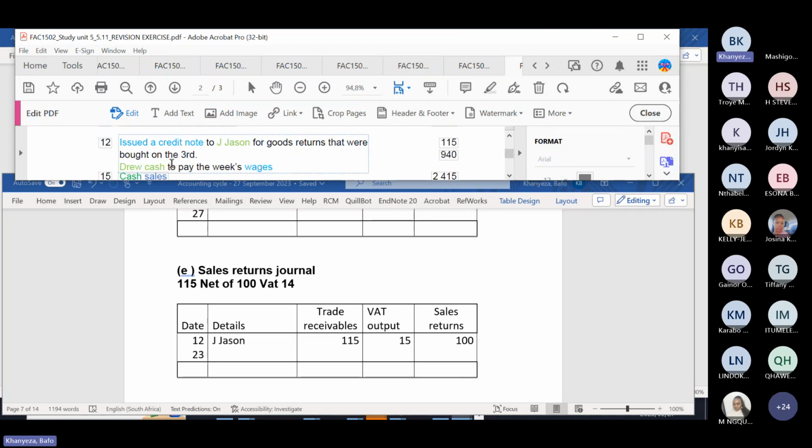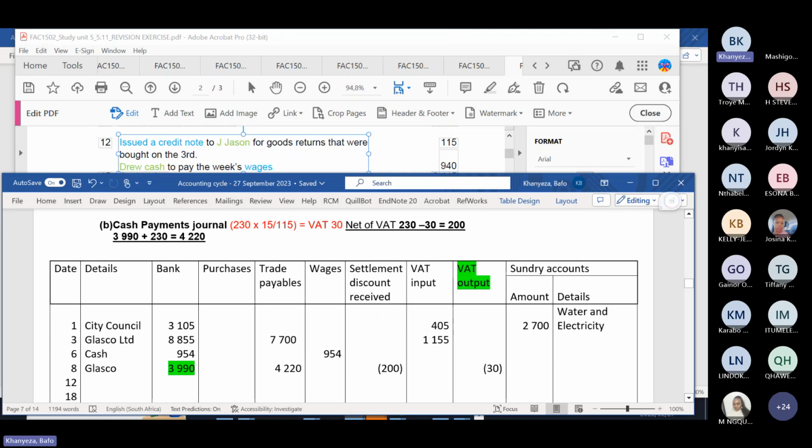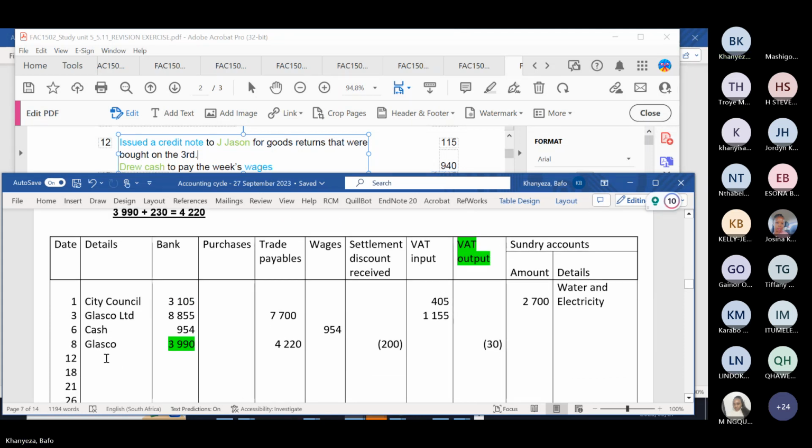Then now, through cash to pay weekly wages. So this 940 is for here below. So if we are paying on the cash payment journal, it's going to be cash.